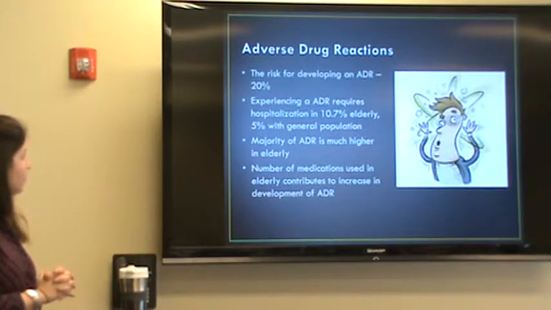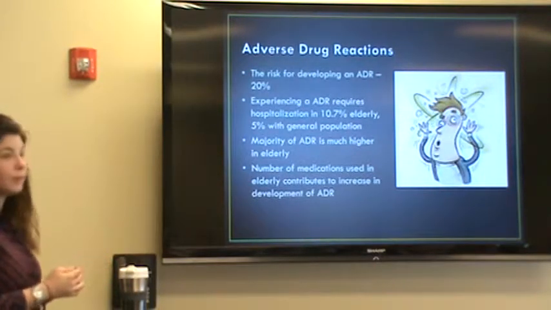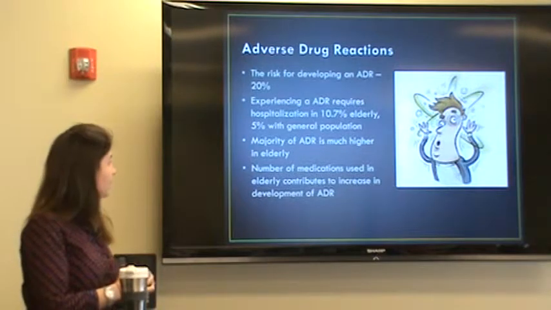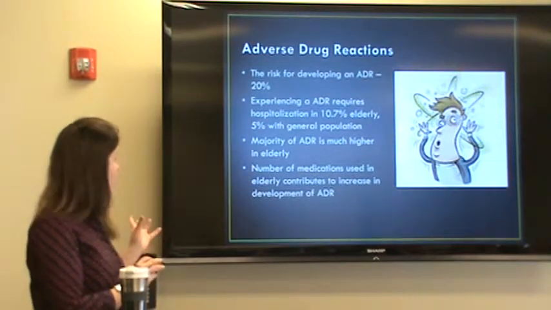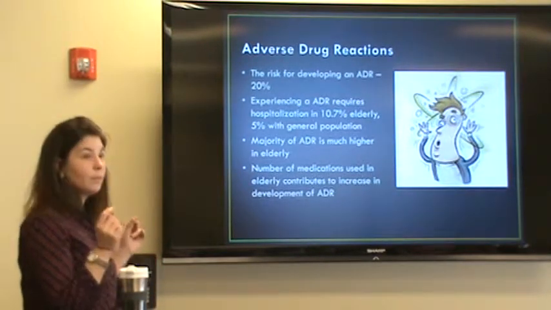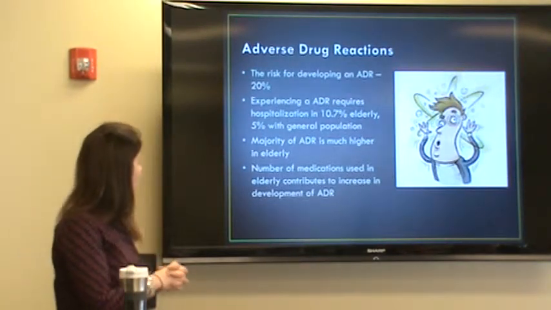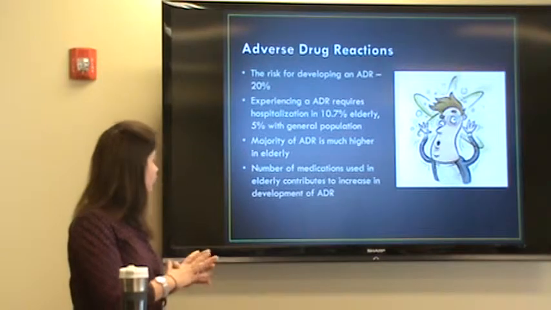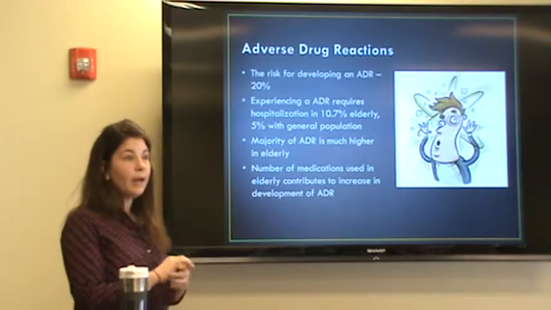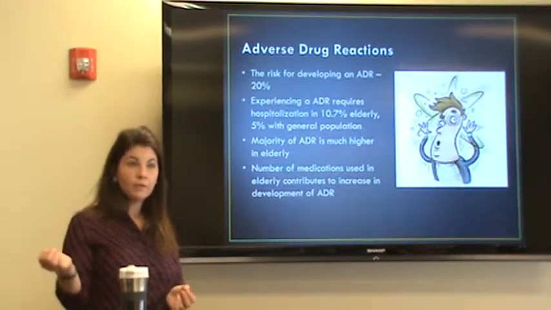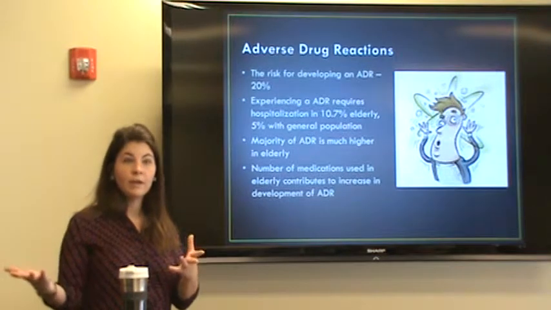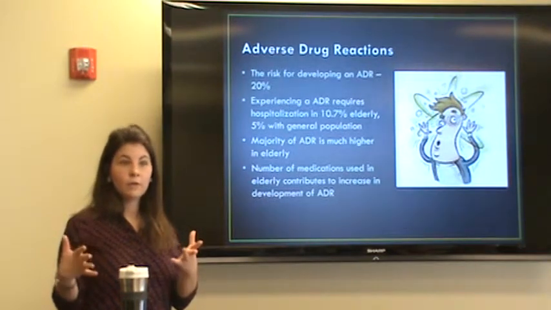About 10.7% of elderly patients experiencing an ADR require hospitalization, and that's 5% with the general population. So we're seeing that it's more profound in elderly patients. Also, the number of medications used in the elderly is higher, and as you increase the number of medications you're taking, you increase your likelihood to experience an adverse drug reaction.